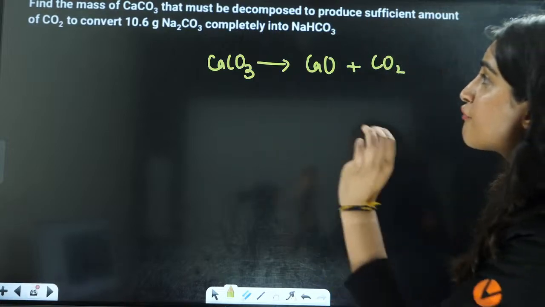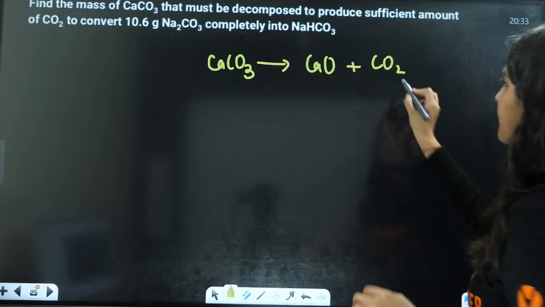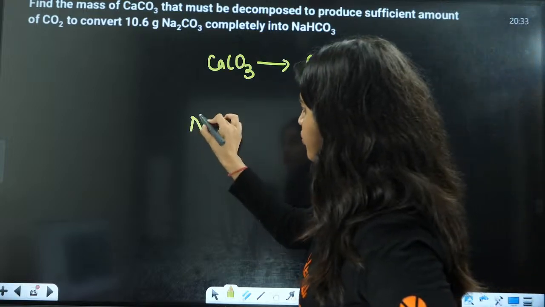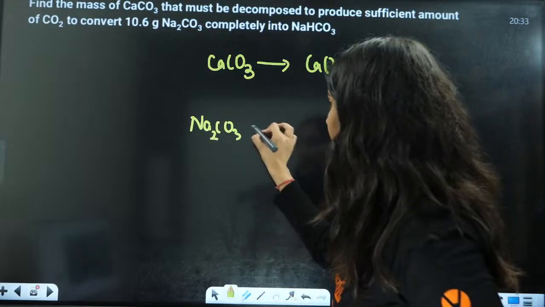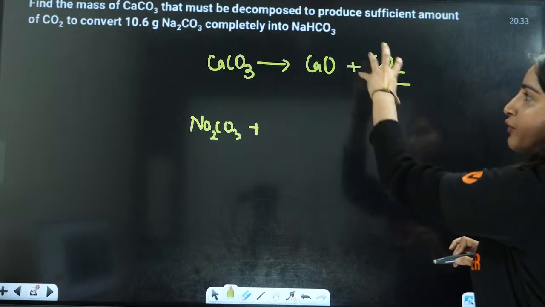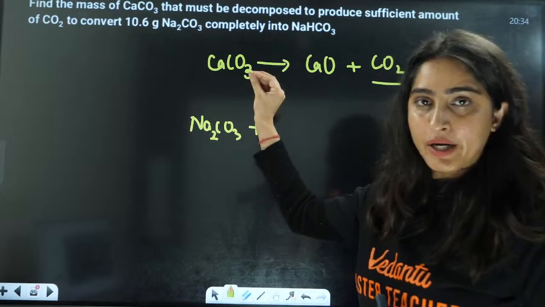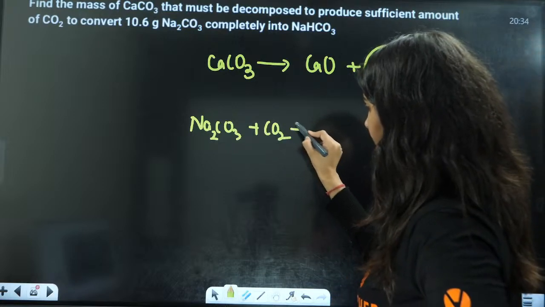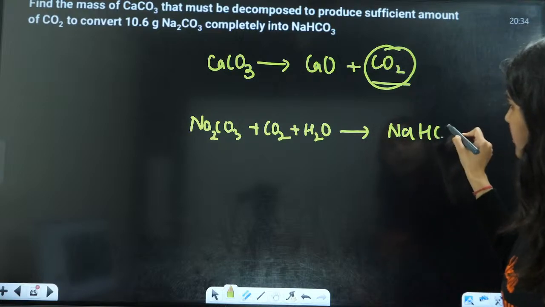Now the carbon dioxide from the decomposition of calcium carbonate, we are going to use with water to convert Na2CO3 into sodium bicarbonate.